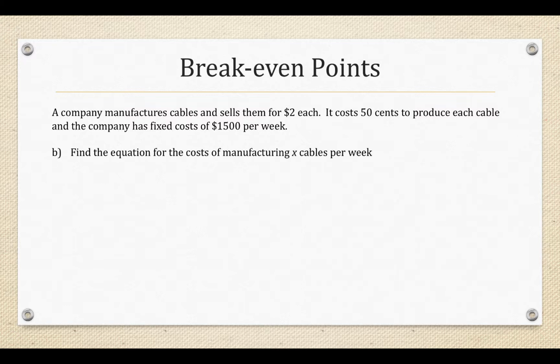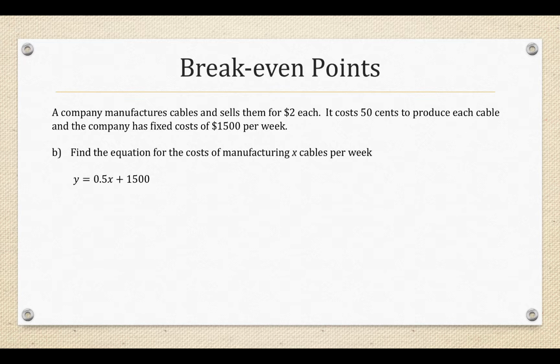Part B, we're asked to find the equation for the cost of manufacturing X cables per week. Again, it's a linear equation, a straight line equation. And what we get is y equals 0.5x plus 1,500. The 0.5 is equivalent to 50 cents for each cable, just put into dollar values.